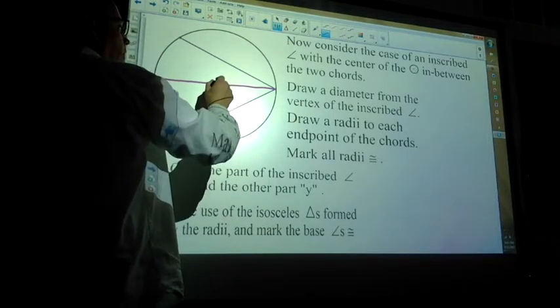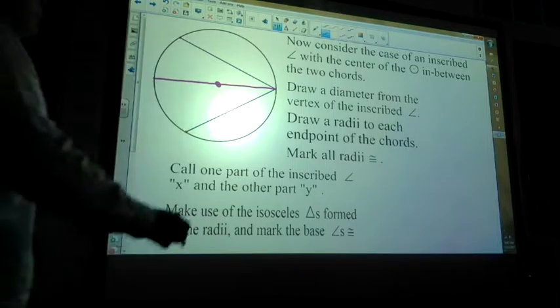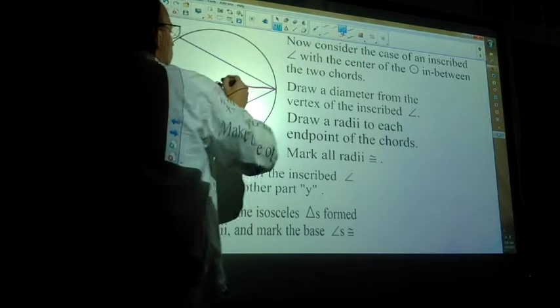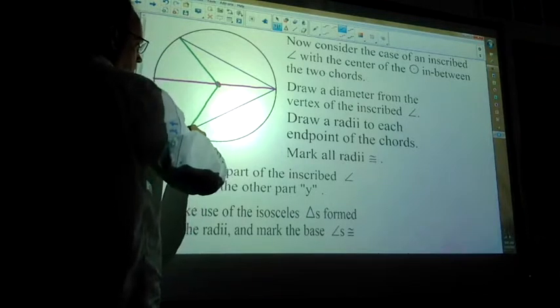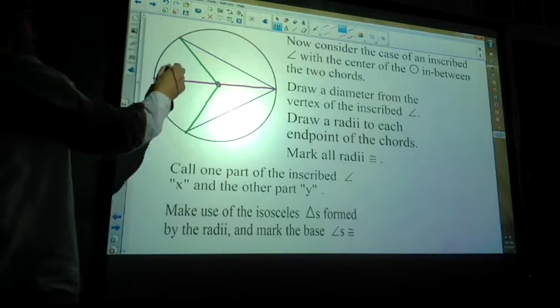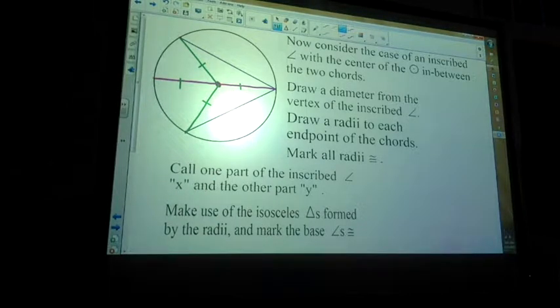Remember we got our center right there. Draw a radius to each endpoint of the chords. So now you have this, this, this, and this all congruent to each other. Agreed? Because those are all radii.